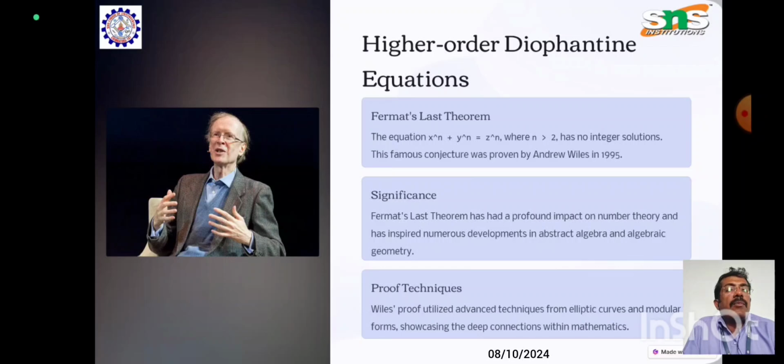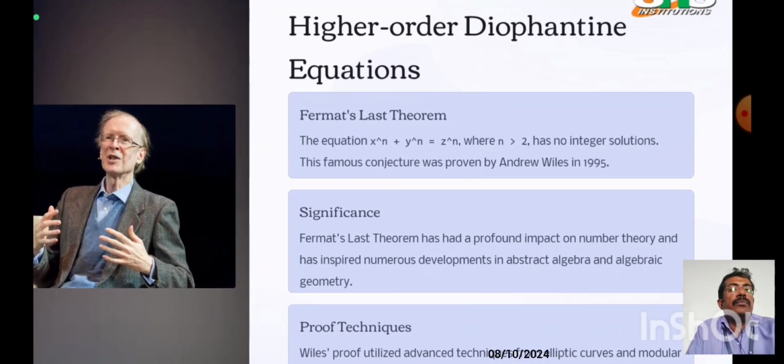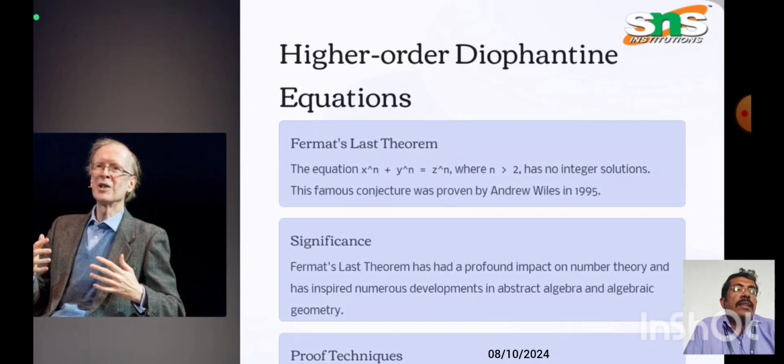Fermat's last theorem says that the equation x power n plus y power n equal to z power n, where n is greater than 2, has no integer solutions. This famous conjecture was stated by Fermat and proved by Andrew Wiles in 1995.